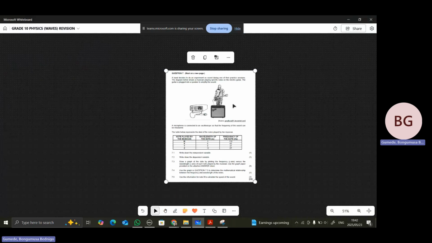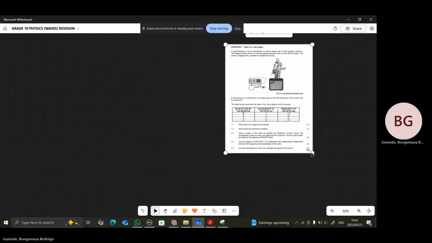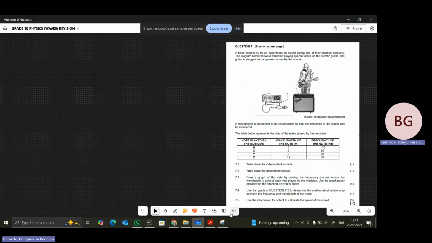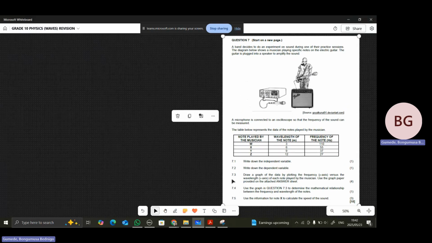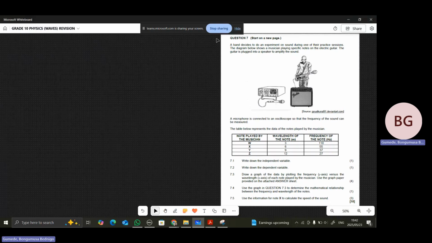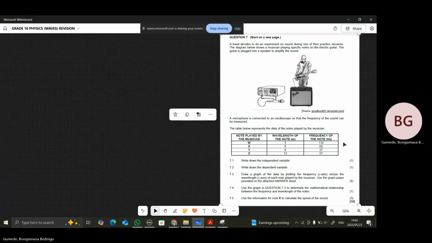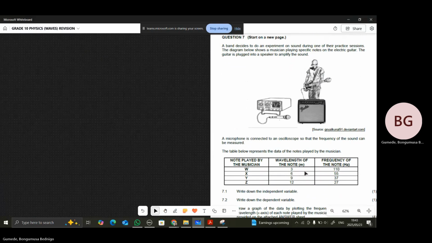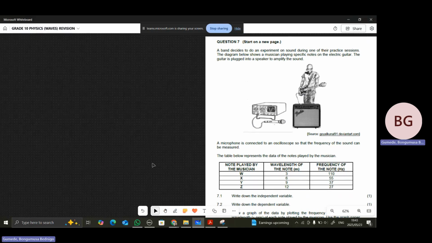Remember, this part is still all about waves, sound, and light. That's how they name it. It's wave, sound, and light. I hope the question paper is visible there. Question 7.